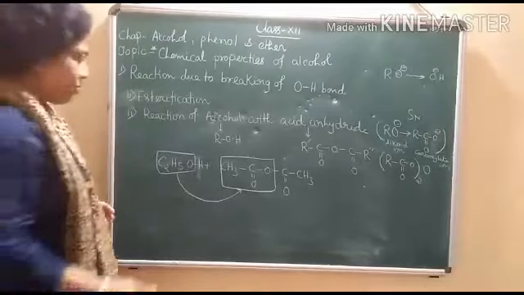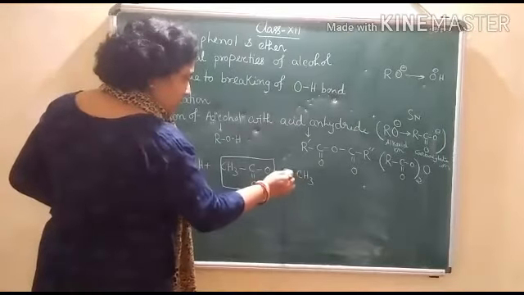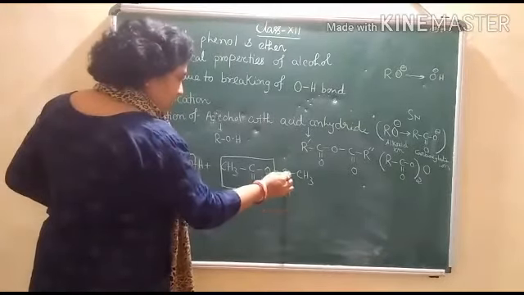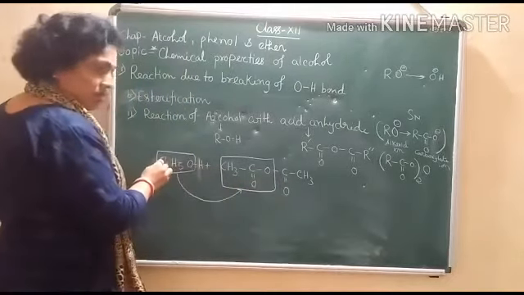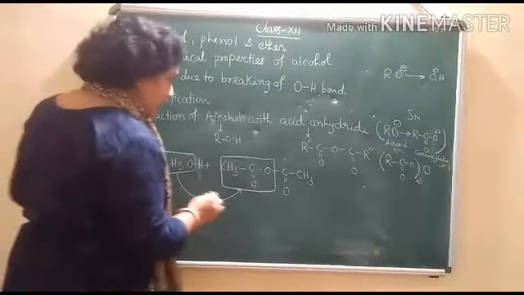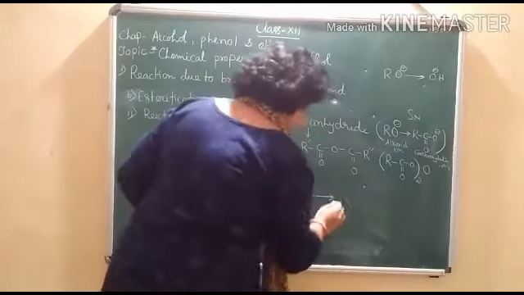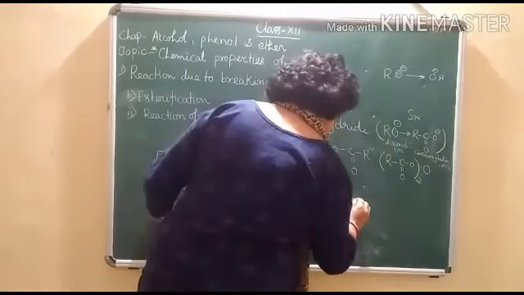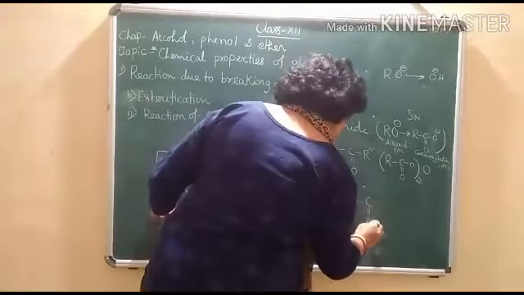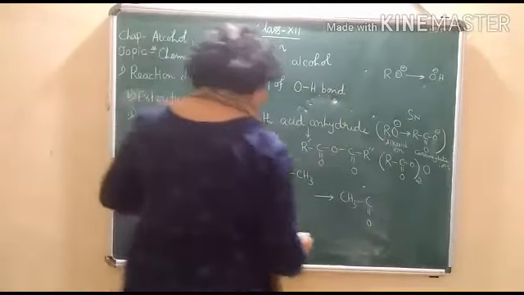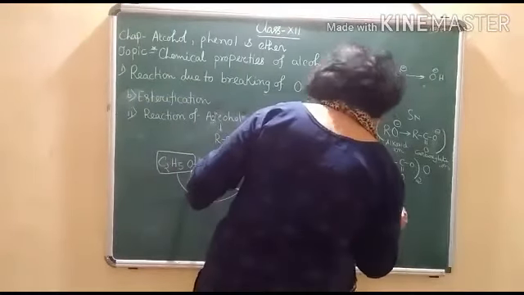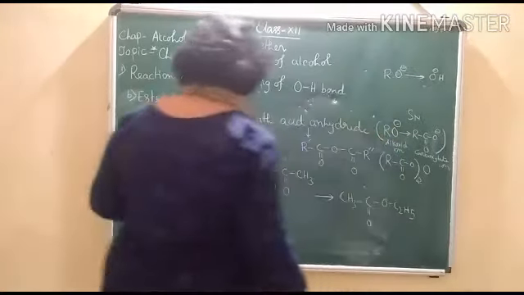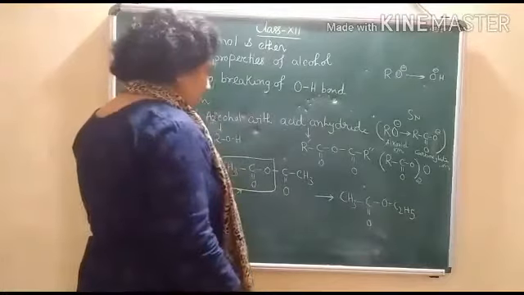So what will the product be? You will get two products. CH3CO, this group here, so O C2H5, and this one will be here.